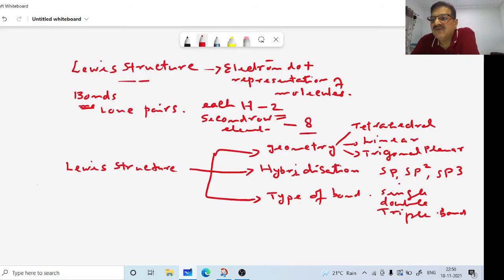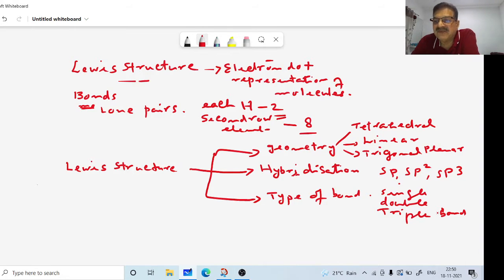Got the point? Now how will you draw a valence Lewis structure? We should draw only the valence electrons. This is the electron dot representation of molecules, showing only the valence electrons. As we have just spoken, every second row element has not more than 8 electrons, and every hydrogen atom 2 electrons.